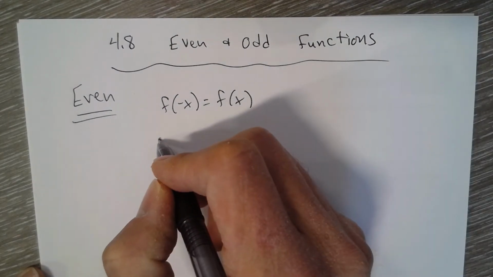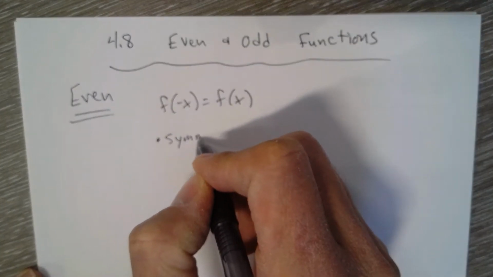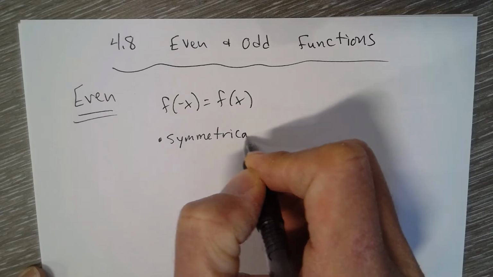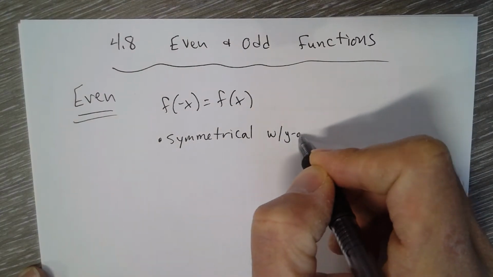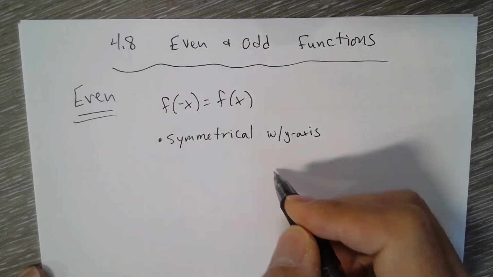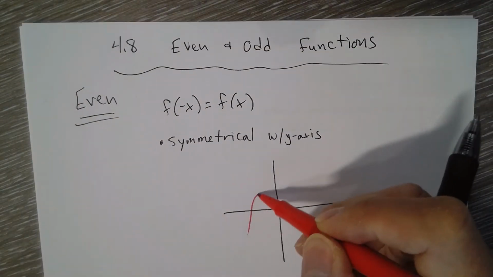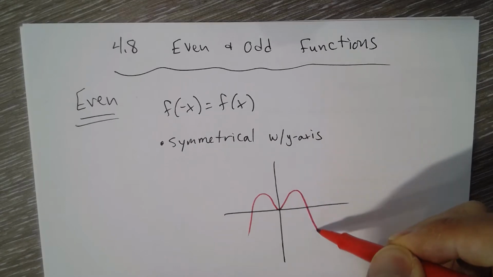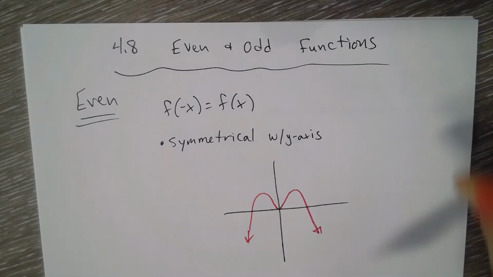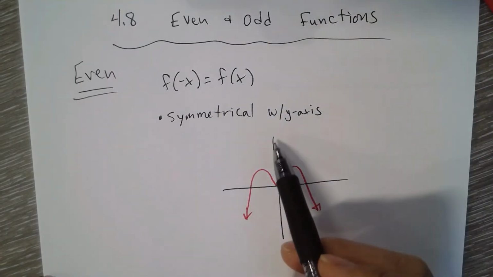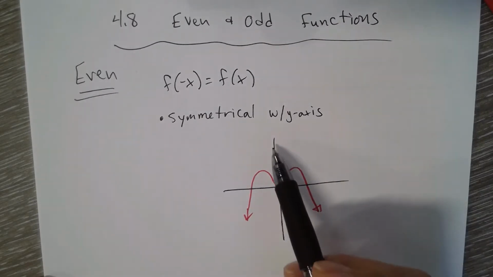They are symmetrical with the y-axis. So if I have a function that looks like this, that is an even function because it's symmetrical with the y-axis.